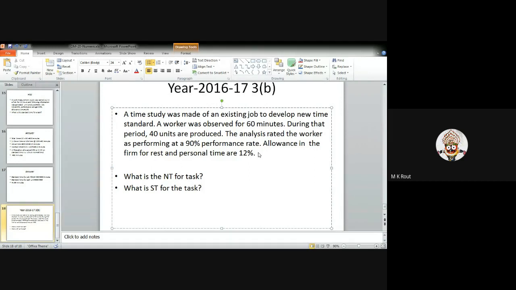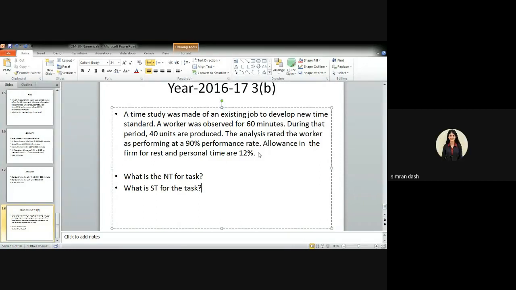That is already written: a worker was observed for 60 minutes, into 100. So it would be 90 by 60 into 100. That is given in the formula, the percentage of working. If you calculate the percentage of working, that equals the frequency of performance of a task done by the worker.